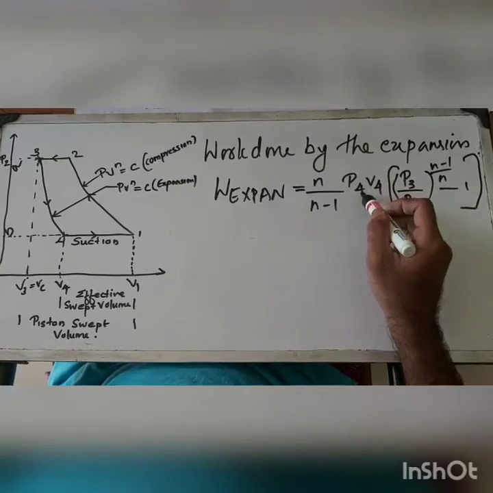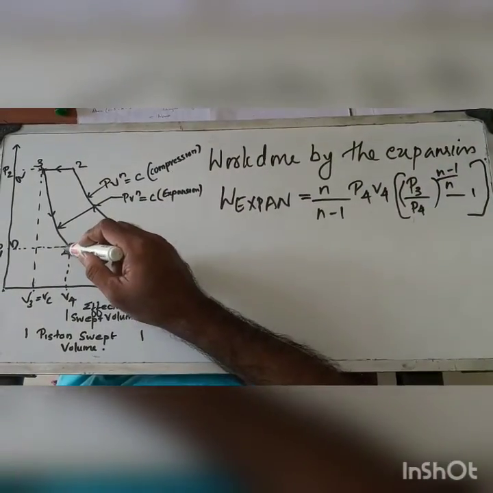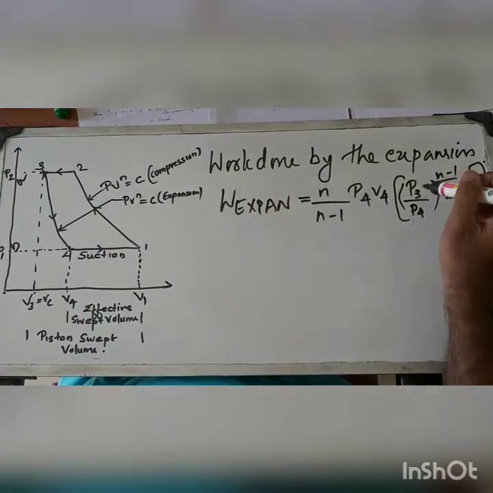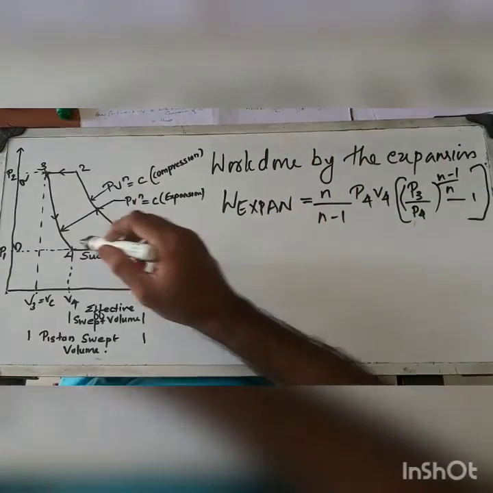Here P4 is the pressure at point 4, V4 is the volume at point 4, and P3 is the pressure at point 3.